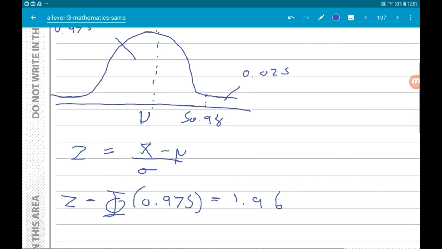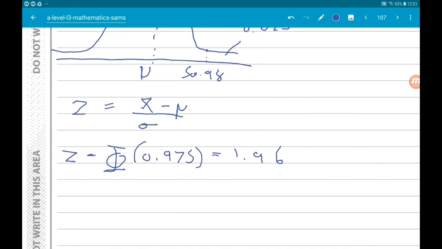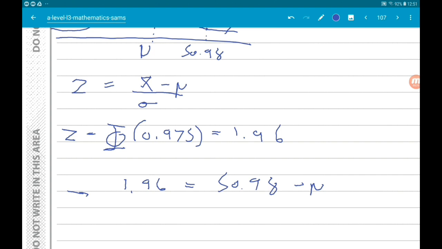So now we know then that 1.96 is equal to x bar, which is 50.98, minus mu over sigma, which is 0.5.